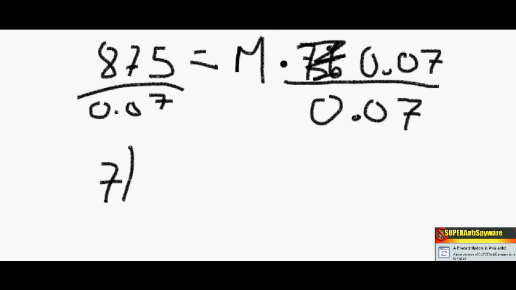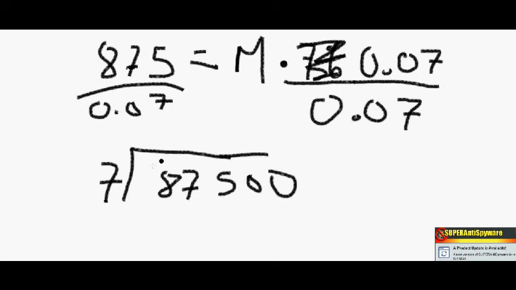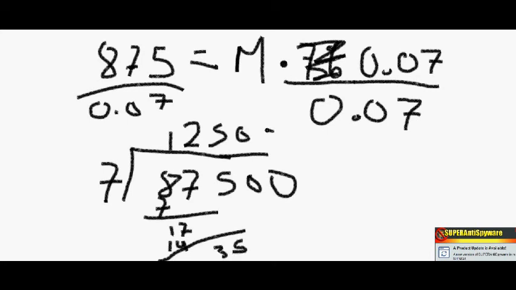When we do that, it's basically 7 divided into 87500. That's 7, this is 17, this is 2, that gives us 35, 500. So you see what the answer is. I'm not going to say it, but you see how much it is.